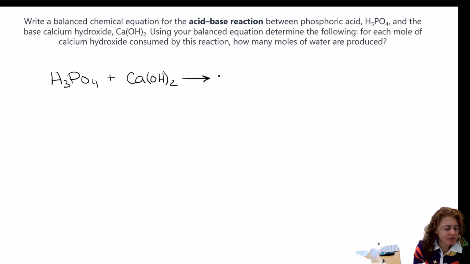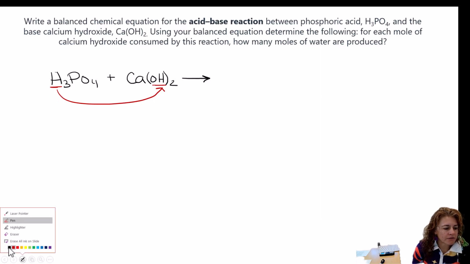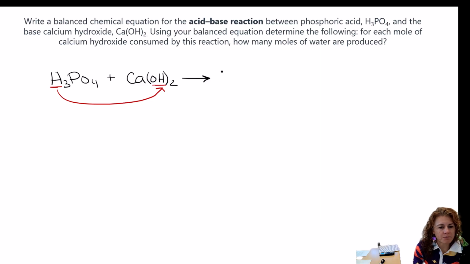So for acid-base reactions, what we find is we've got this hydrogen often leading in our acids, and then we've got this hydroxide from our bases. This hydrogen will attach to that hydroxide, and one of the products will always be water.